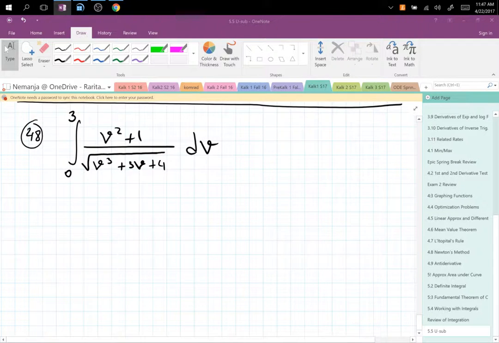What is u? v to the third plus 3v plus 4. Let's take a look at this together.